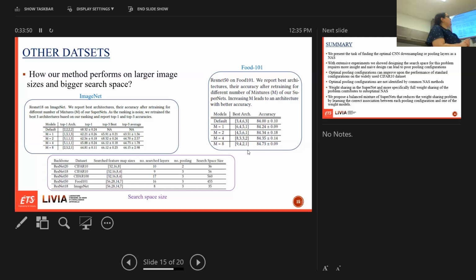For Food 101, we get some gain in the found architecture. Basically here, we found an architecture that does the pooling very late. So it has a lot of layers that are in larger feature map sizes.